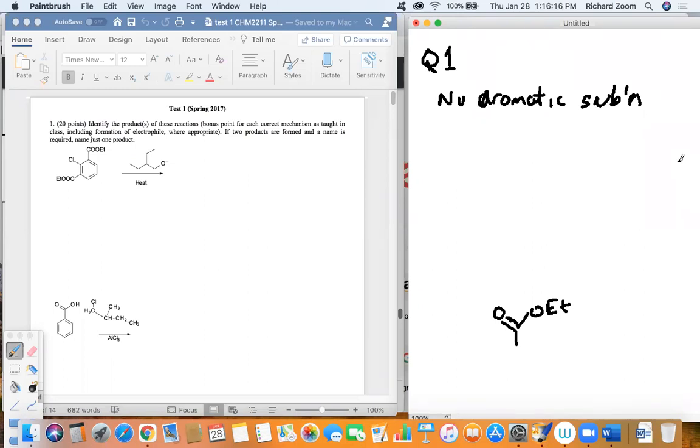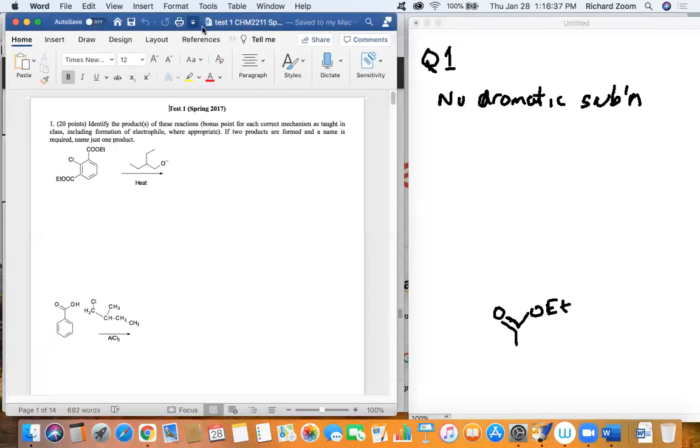I just can't see the screen very well, it's small. The Et, that's ethyl? Yeah, CH2CH3. Oh, and that's why it breaks up into that double bond.